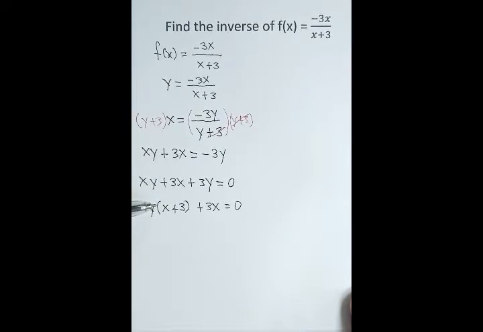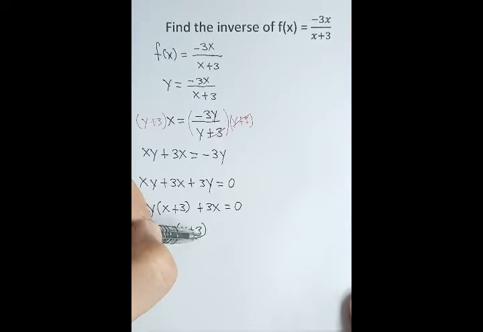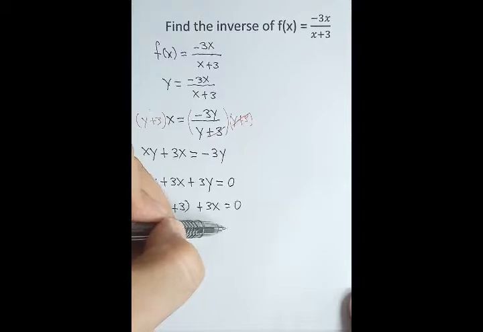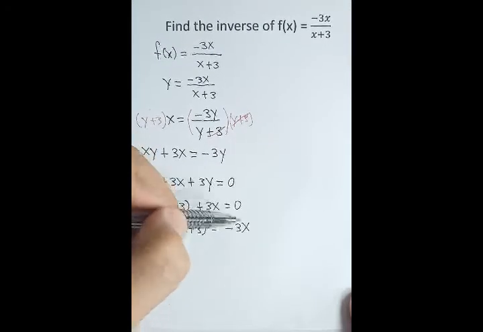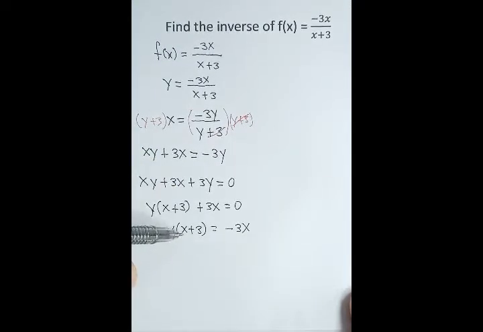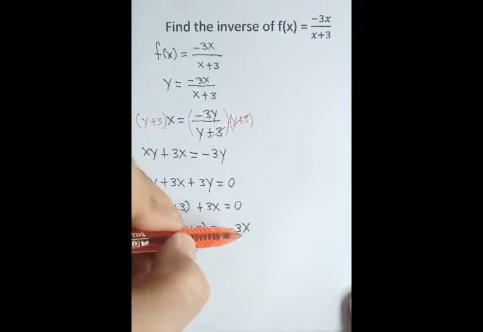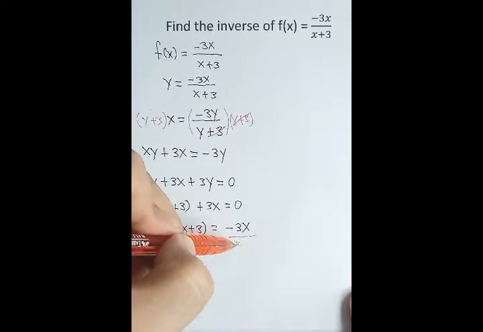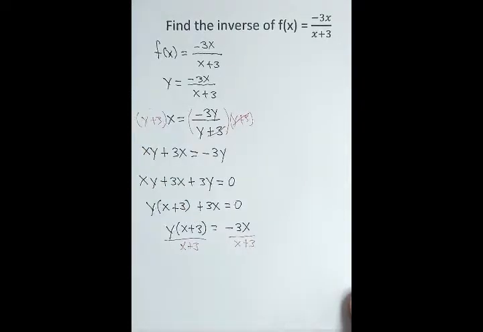Then ato ni siyang i-rearrange, atong i-transpose ang 3x to the right. So y times x plus 3 equals negative 3x. And then ang x plus 3 atong i-transpose to the right. So ato ni siyang i-divide og x plus 3, ganipod siya x plus 3.